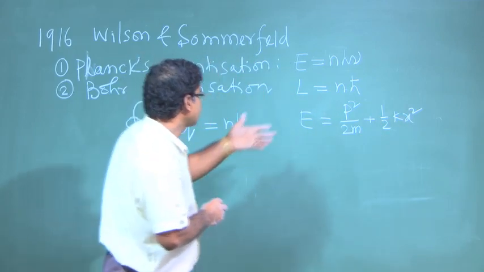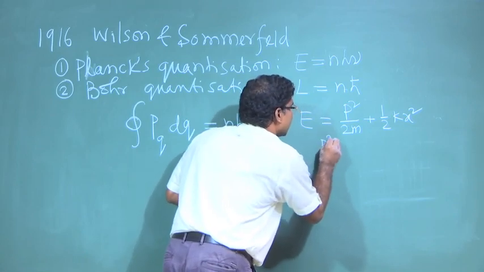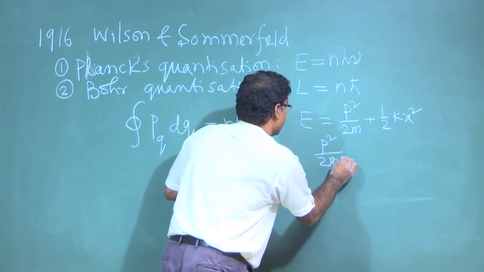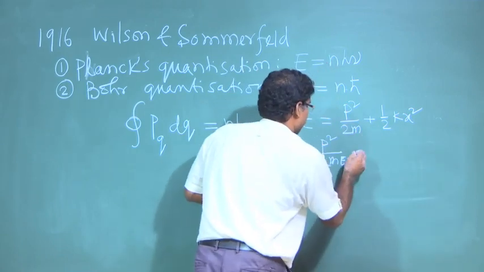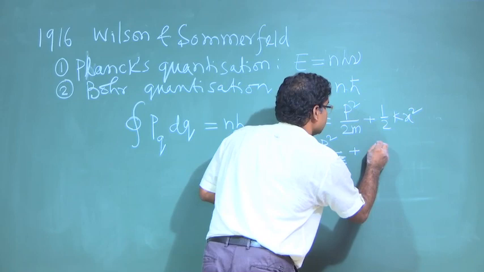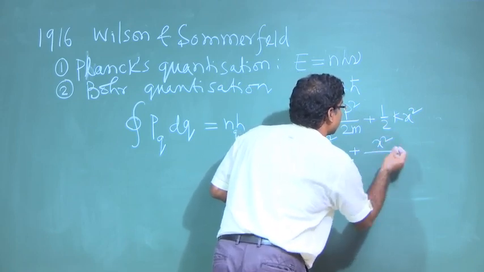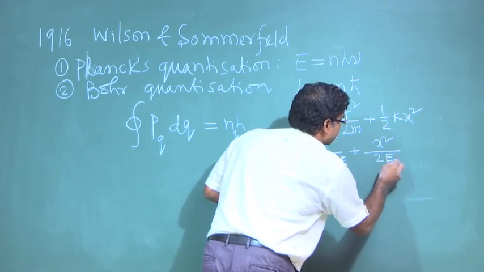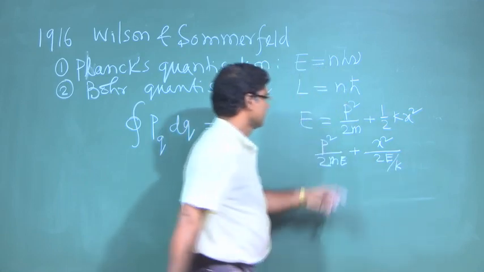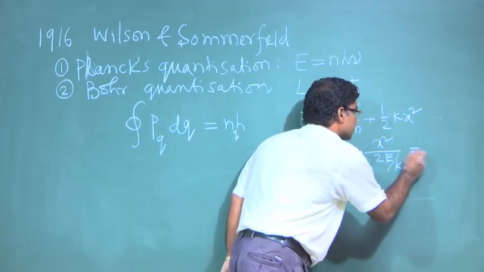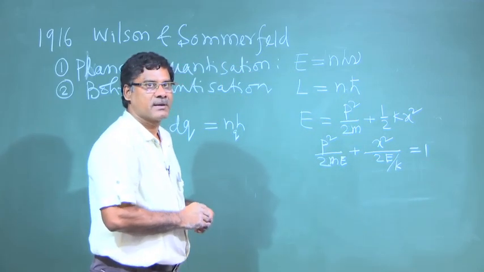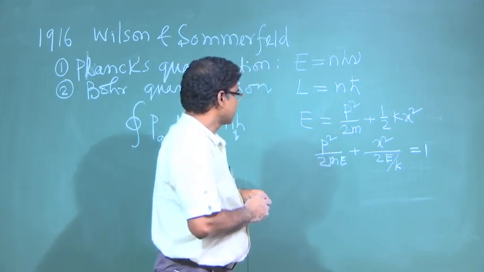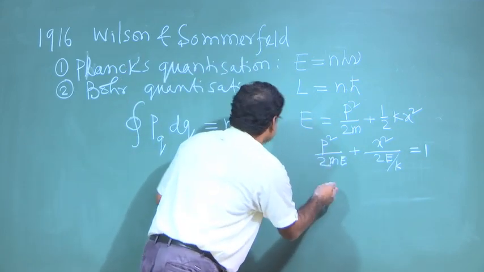So, this we can write as p square divided by 2m E plus x square divided by 2E by k, equal to 1.